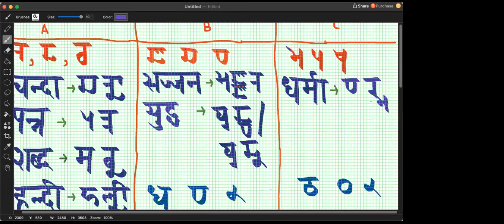Then we have one more, I'll show one more word, say kaksha. Okay, this is kaksha. We will write K as it is.